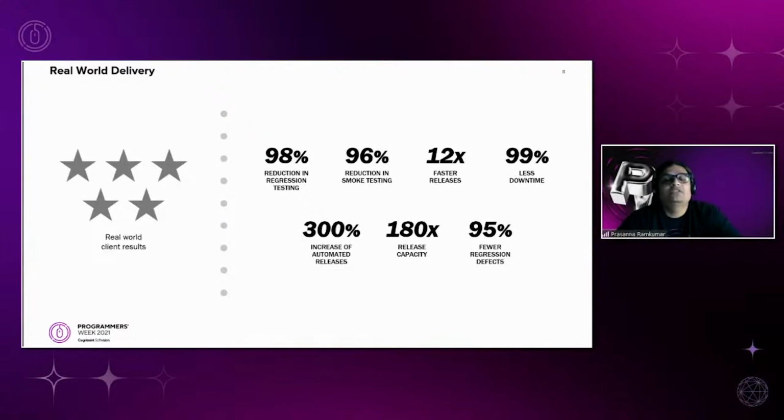It increased the release capacity, the capacity for people, because it's automated, and these two are kind of tied to each other, right? You have the capacity, so you're able to do more frequent deployments, fewer regression defects, less downtime, things like that. So these are some of our real world metrics. I hope this talk was helpful.